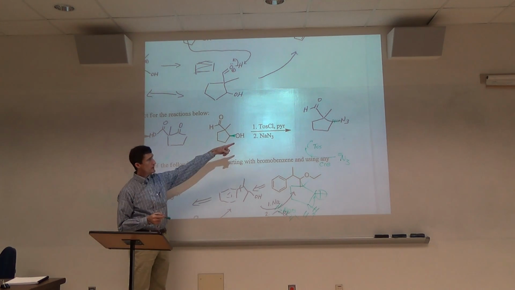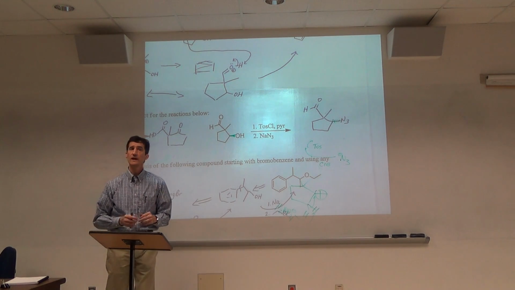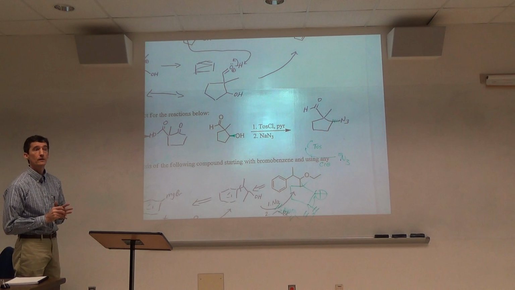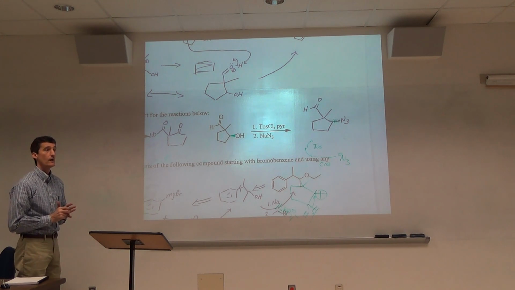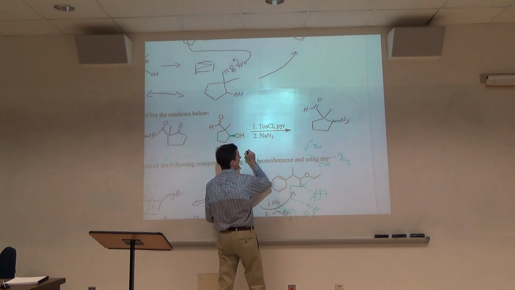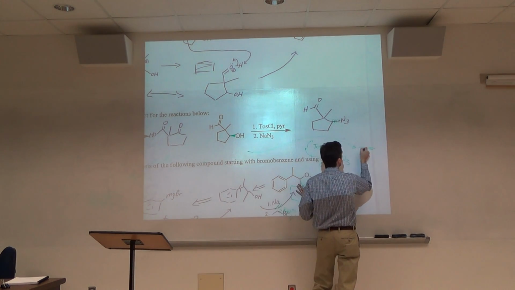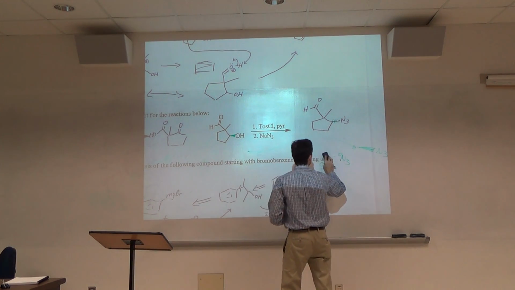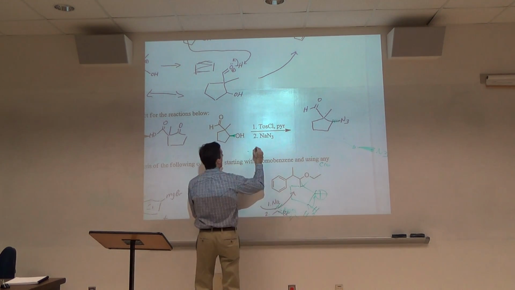What if we wanted the bond to be bold over there to the N3? How would we do the reaction? How would we get bold N3? What do you want to do first?